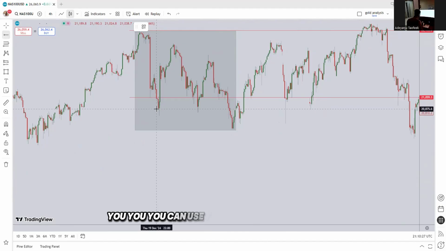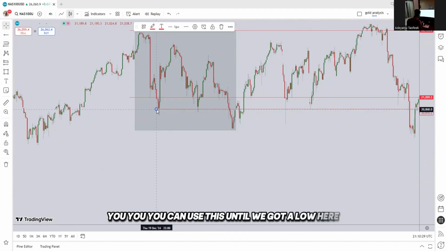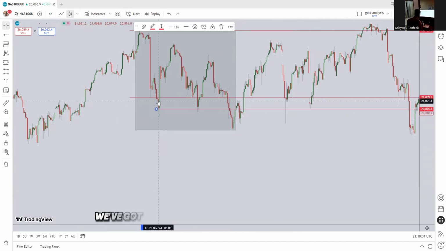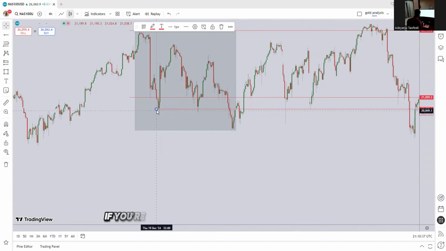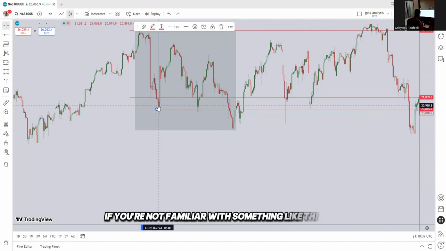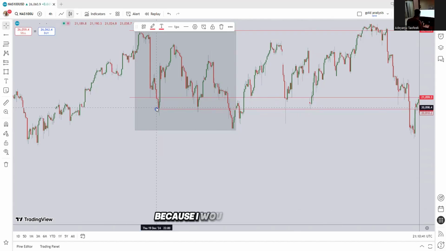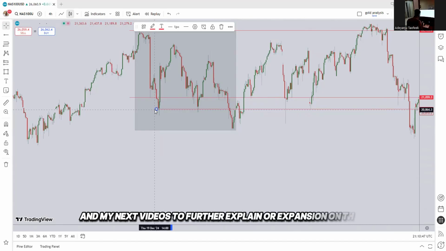We've got a low of that bearish candle. Or better still, if you're not familiar with something like this yet, I will explain this in my next videos, to further explain or expand on that.